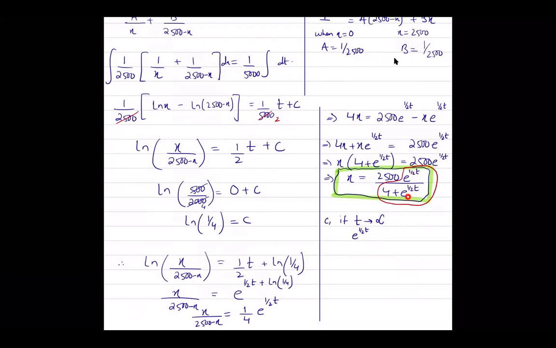So if both of them are reaching towards an infinite value, you can say that it's almost equal to 1. The fraction that I have highlighted in red will approach 1. If this fraction approaches 1, and 1 times 2500, the value of x is going to approach 2500 birds.